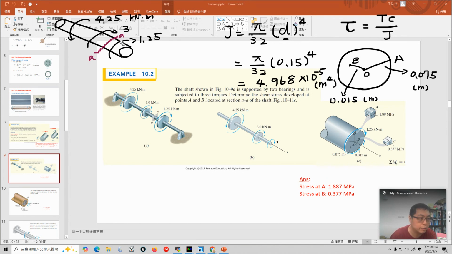So we use the cut section method. We cut here and then analyze this part. On this cut section, here is 4.25, here is 3, and here is the torque we want, which we call TAA.